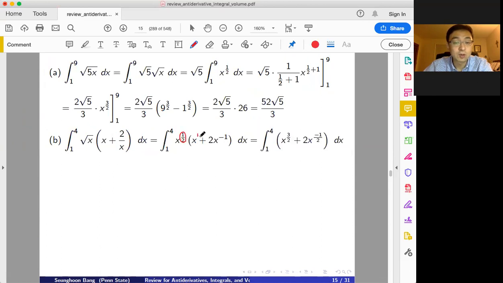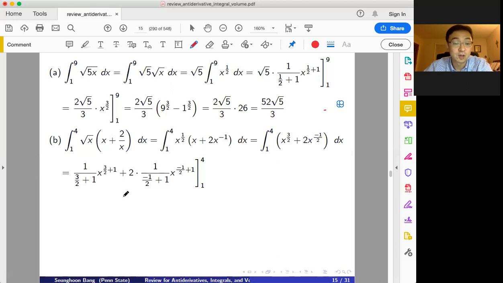The 1 over 2 plus 1 is 3 over 2. The 1 over 2 minus 1 is negative 1/2. Next, find the antiderivative. 1 over 3 over 2 plus 1, x to the 3 over 2 plus 1, plus 2 times 1 over minus 1 over 2 plus 1, x to the minus 1 over 2 plus 1, from 1 to 4.